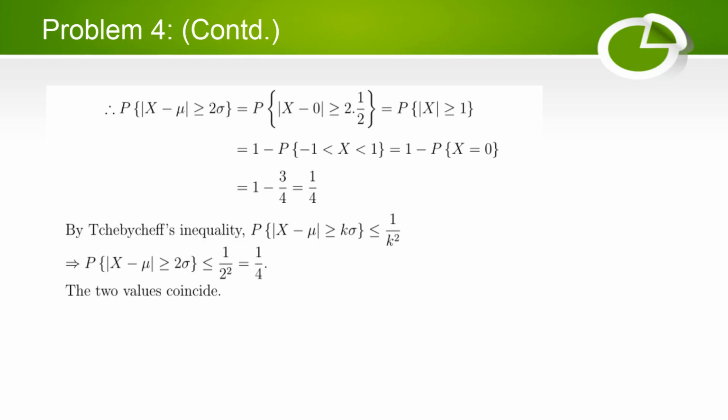By Tchebycheff's inequality, P(|X − μ| ≥ kσ) ≤ 1/k², which implies that P(|X − μ| ≥ 2σ) ≤ 1/2² = 1/4. The two values coincide.